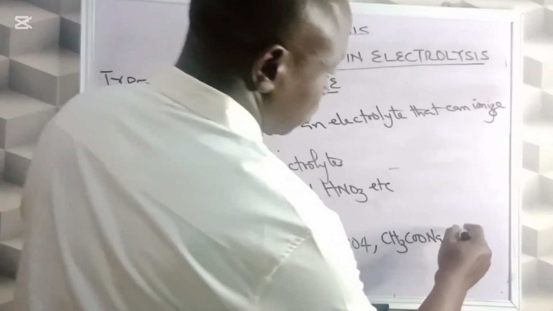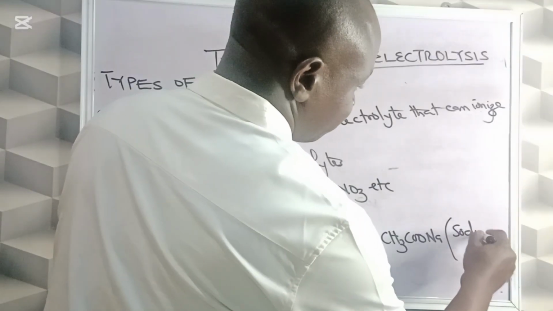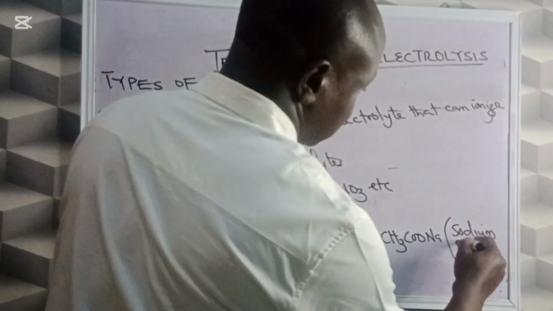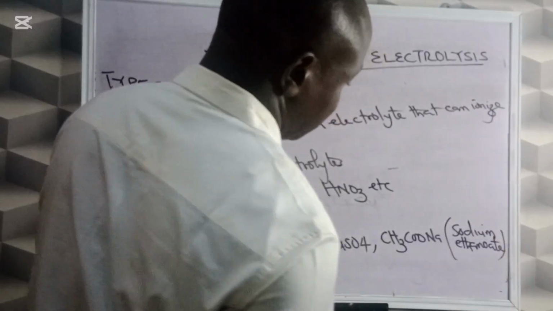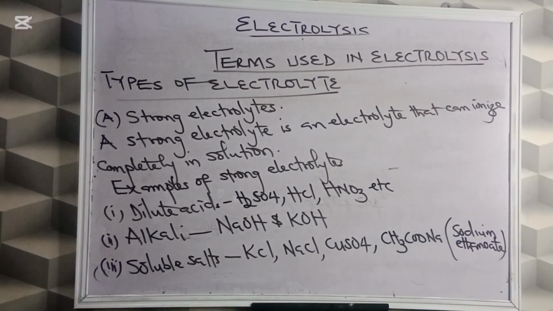Take note, we call it sodium ethanate. All these are strong electrolytes because they can ionize completely in solution.